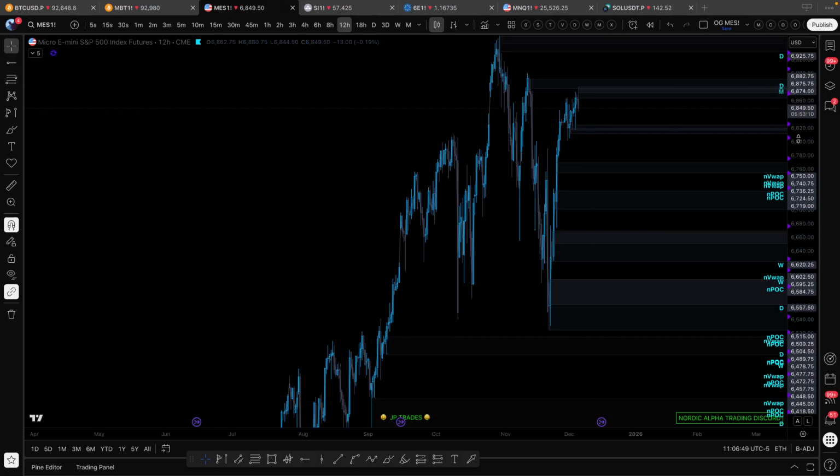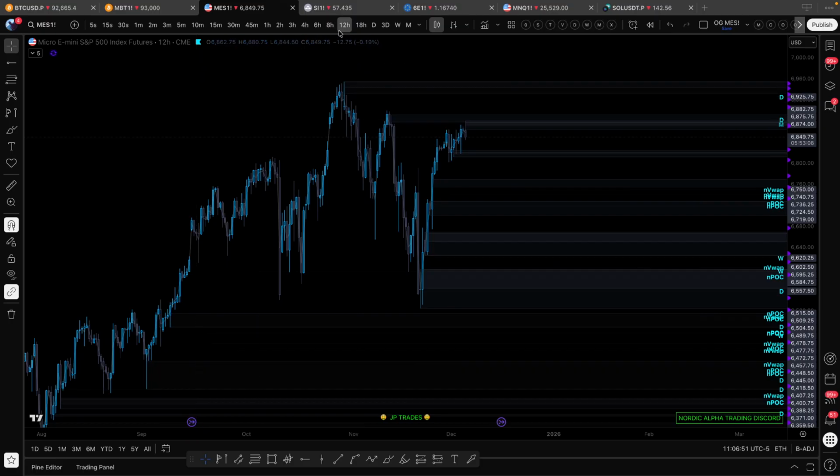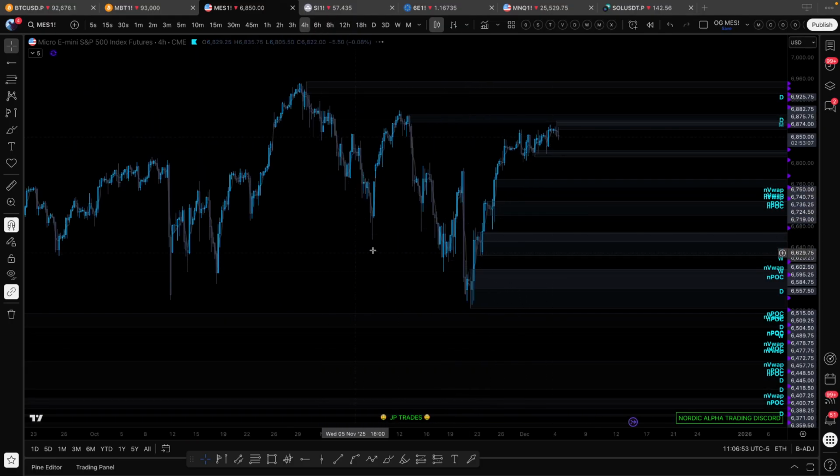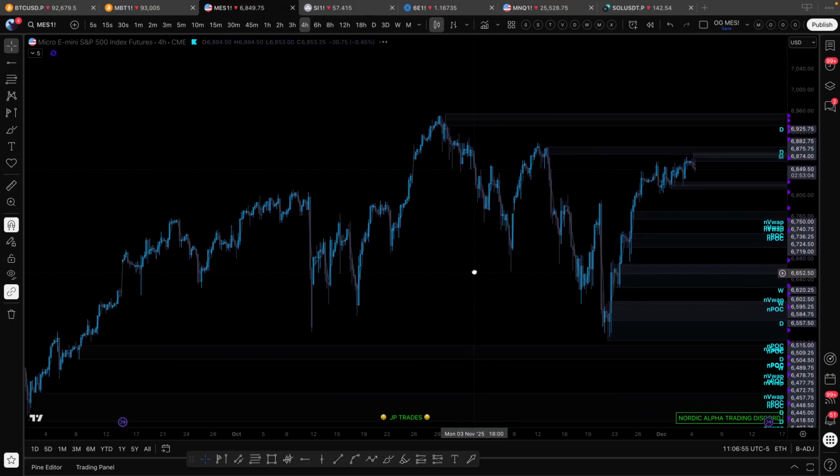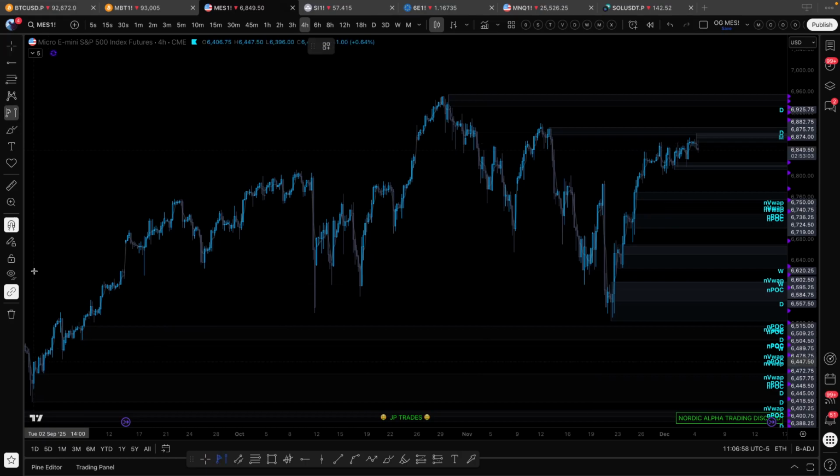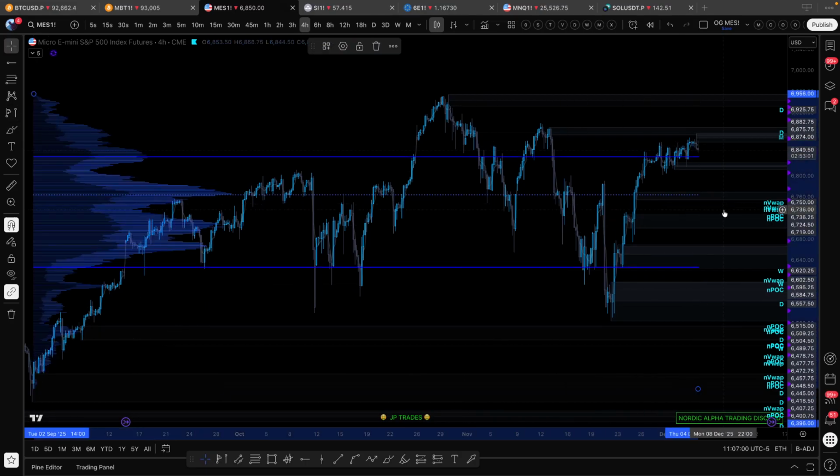And if we go a little bit more local, drop down to the 4 hour, this is where I would start. And again, you see that point of control in this order block here. High volume here, high volume here.